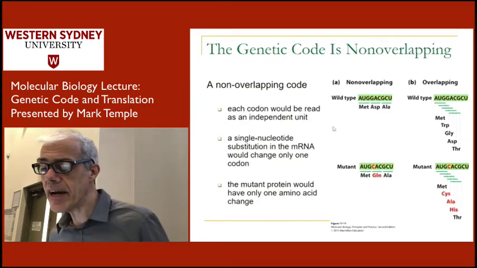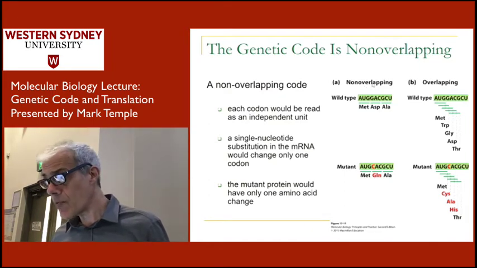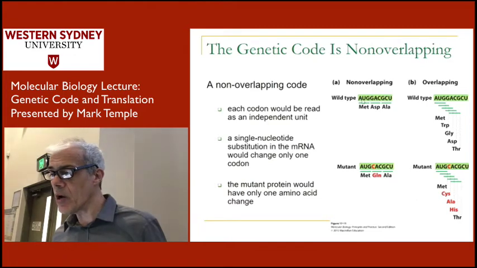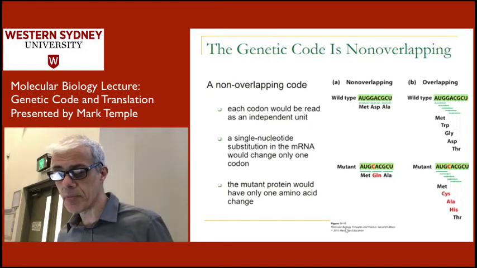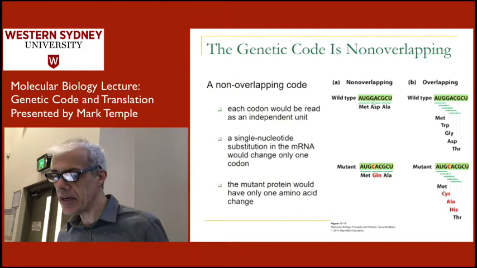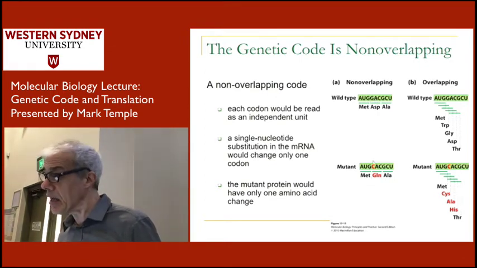So in the early days, in the 50s, they weren't sure whether codons overlapped or didn't overlap. Okay, so we know this to be true, that codons don't overlap, but they had to prove that codons didn't overlap. So each codon is an independent unit here, and what they effectively did, they did mutational studies where they'd change one nucleotide in a messenger RNA and look at the protein product.